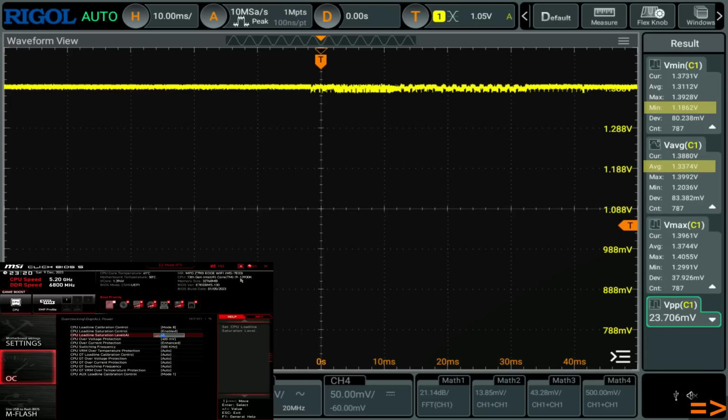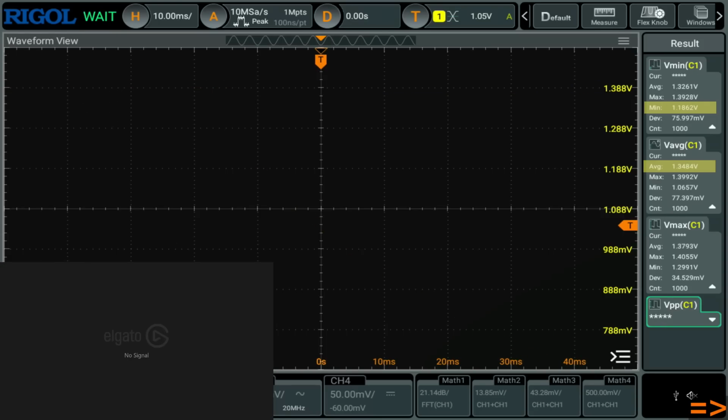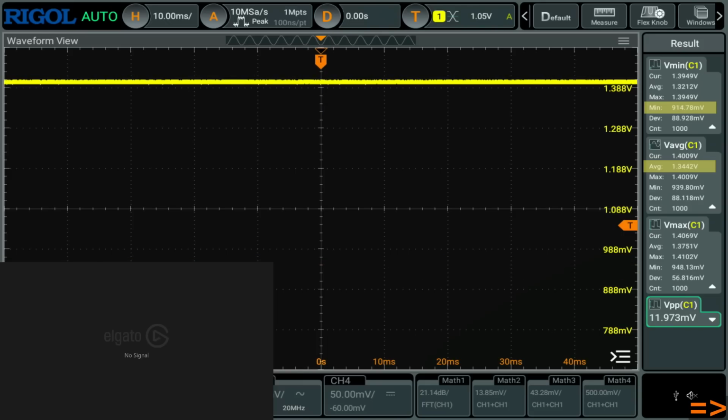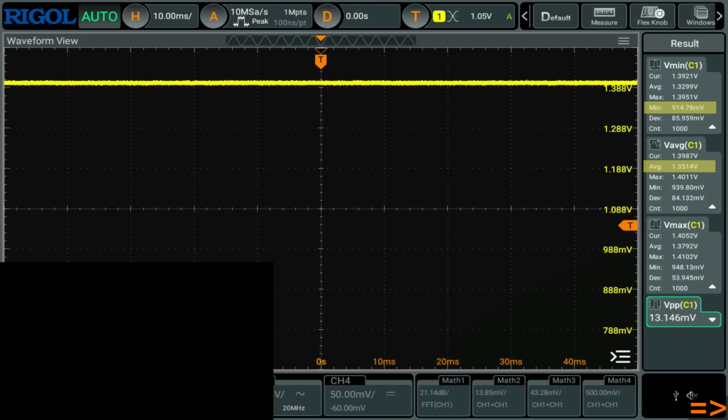Anyway, so maybe we'll go up to, say, 75. Actually, let's go up to 70. At this point, 1.4 volts should get us pretty close to the 1.23 volts under load.